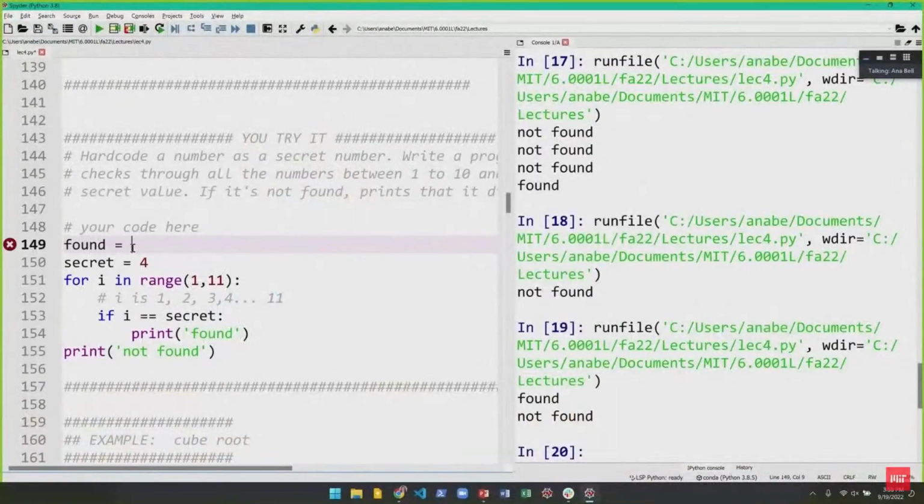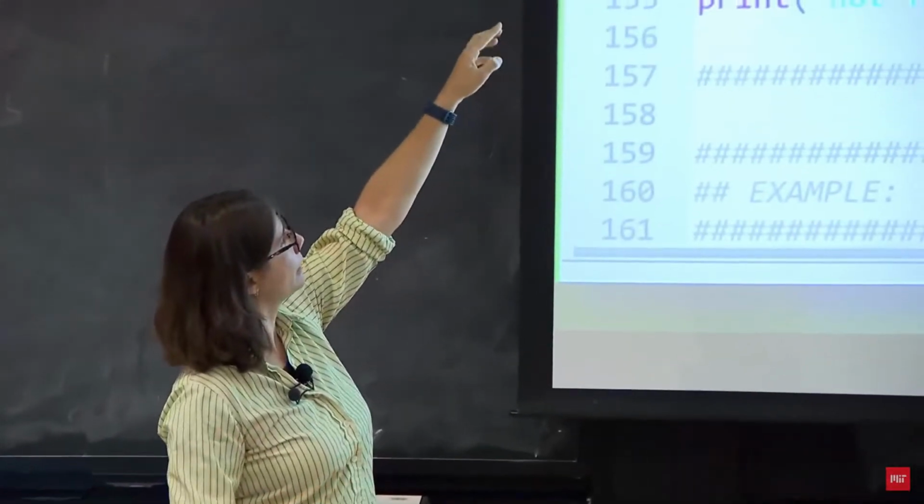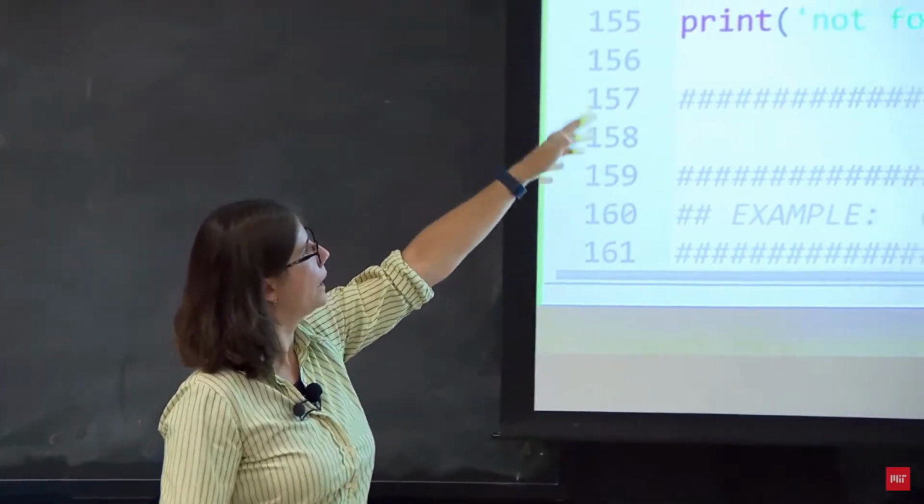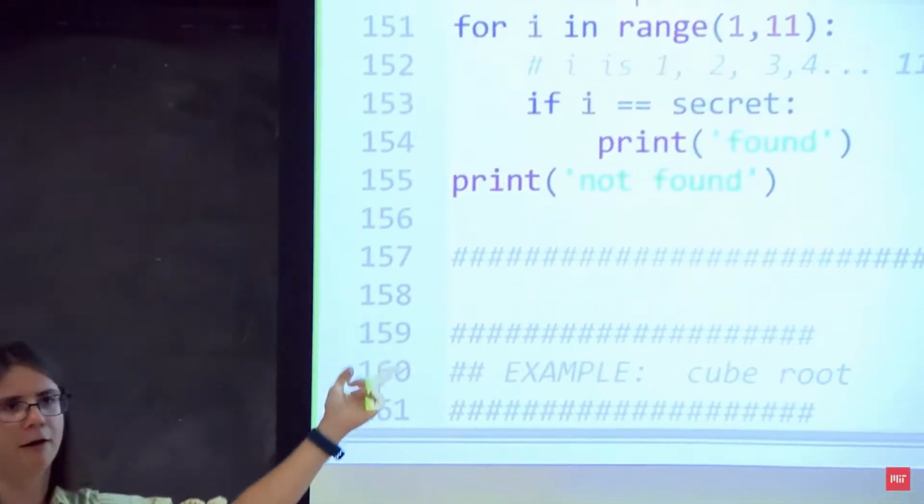So we can set a found flag to be originally, let's say, false, right? So before I even start my loop, let me just assume it's false. And I'm going to change this flag whenever I found the number, right?